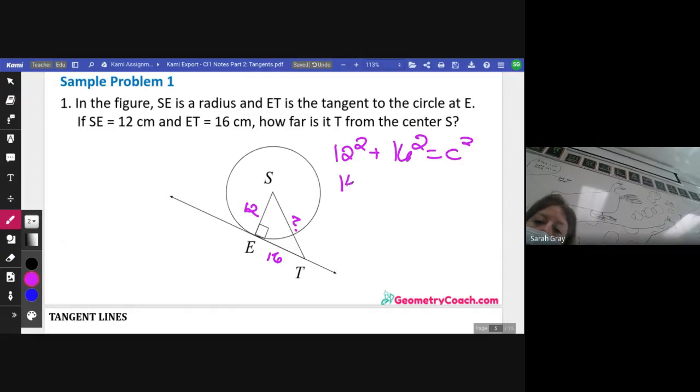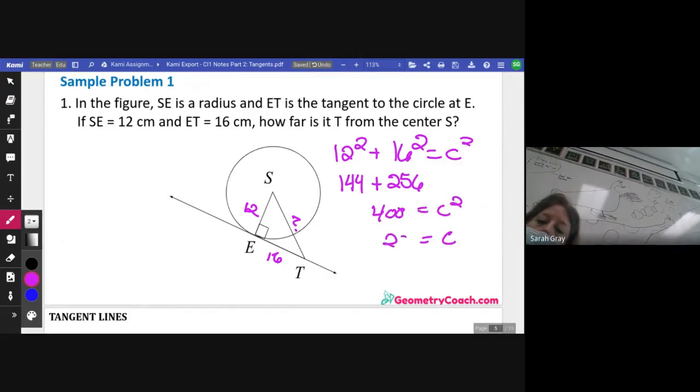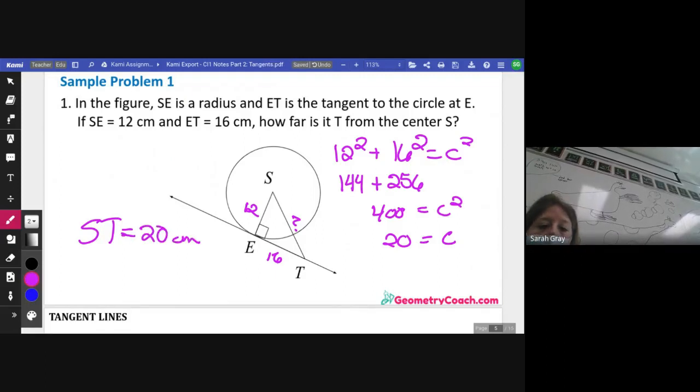The 12 squared is 144. 16 squared is 256. Add those together, you get 400. So C is 20 centimeters.